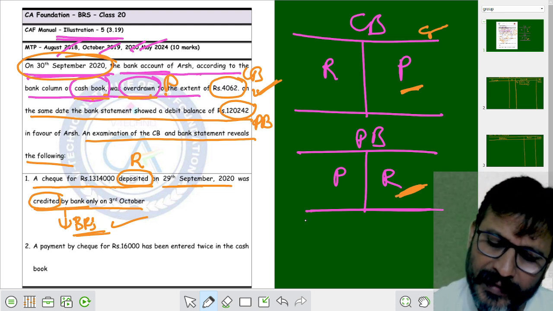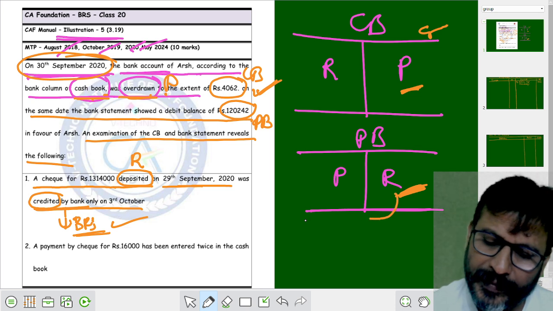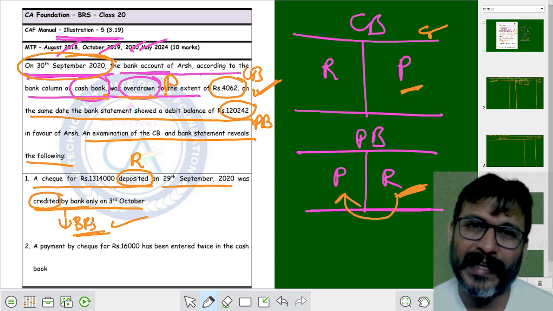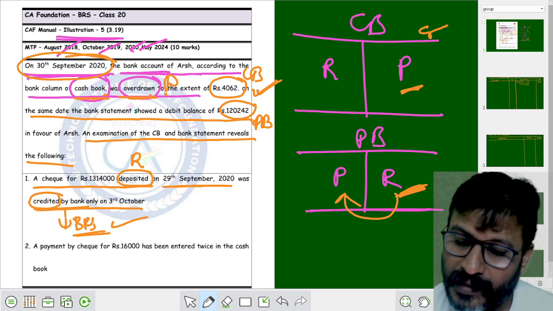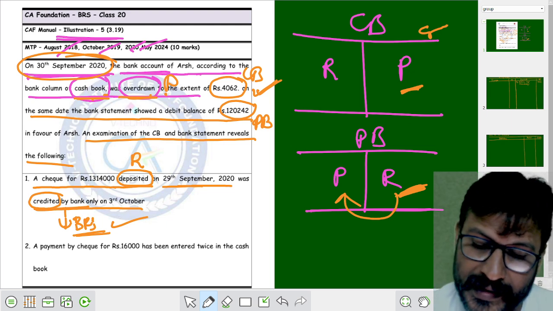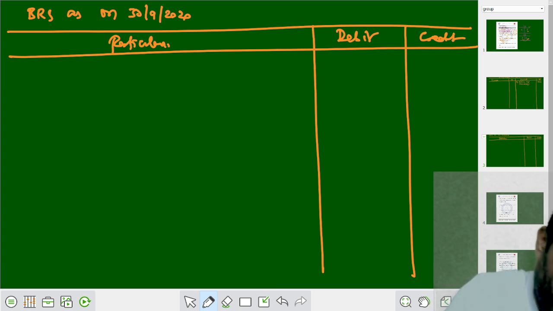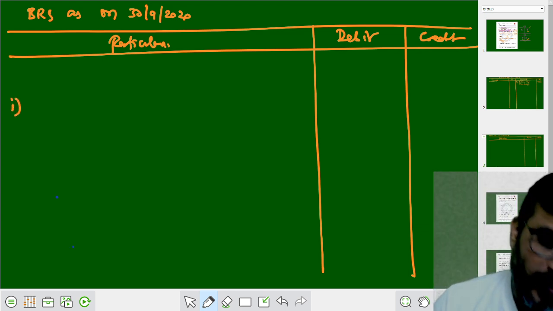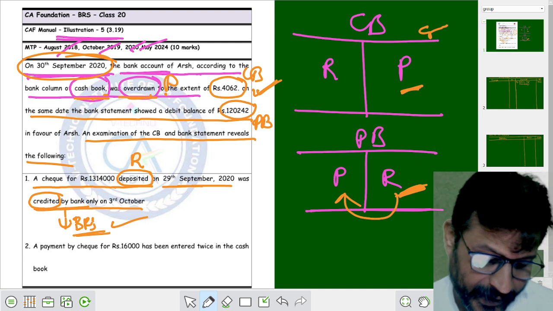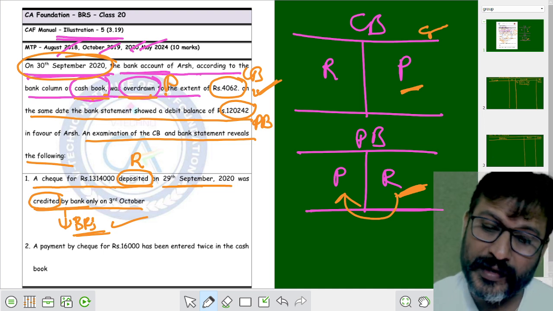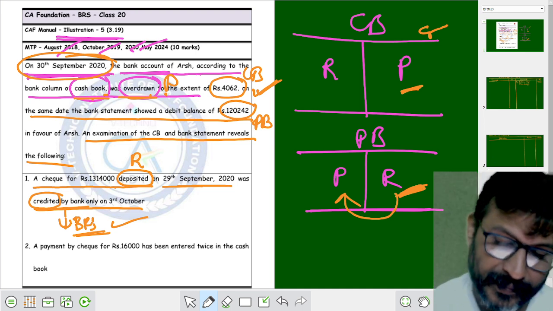So it is on the credit side of the passbook. Obviously we have to take it on which side? Debit side. Of what? BRS. So you write, I'll leave 4 lines, as I used to tell you in the earlier video. So first point, what happened here? Cheques deposited, credited by bank.